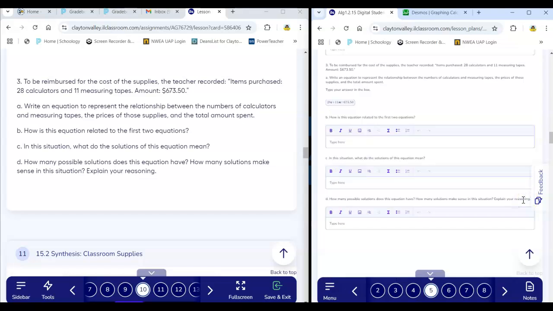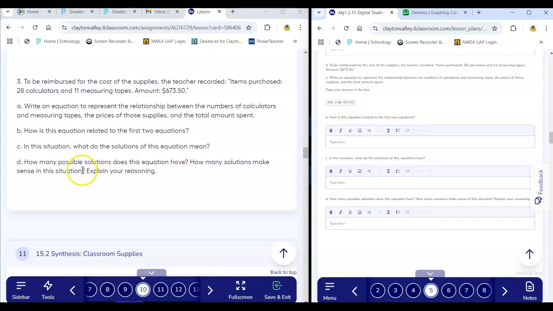So now let's answer some questions. How is this equation related to the first two equations? Please pause your video and think about it for a minute. So I hope that you actually did pause your video and think about it.